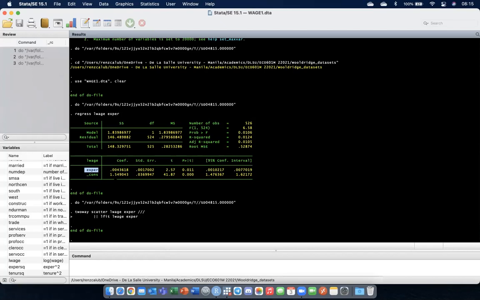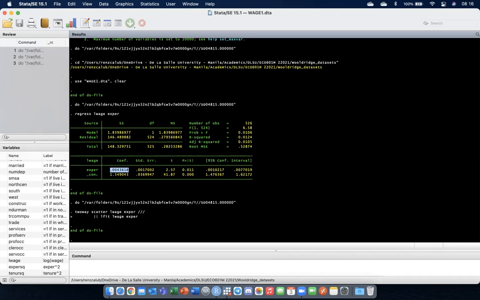By partial elasticity, we mean that this parameter estimate 0.004, when we interpret it, actually means that for each additional year of experience, we would see on average an increase of 0.44% in level wages, in the person's wages.